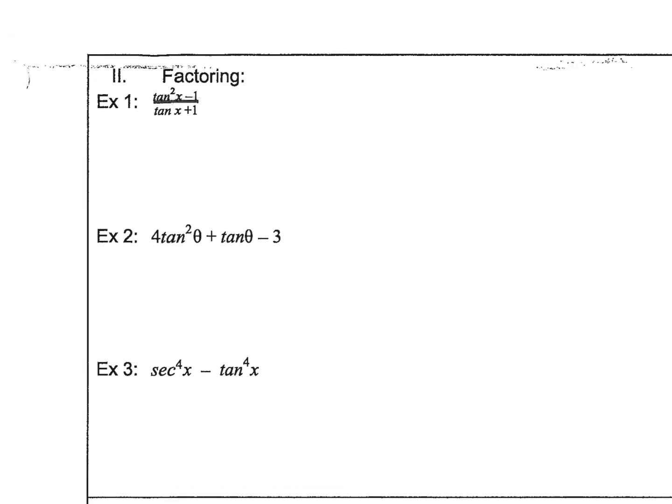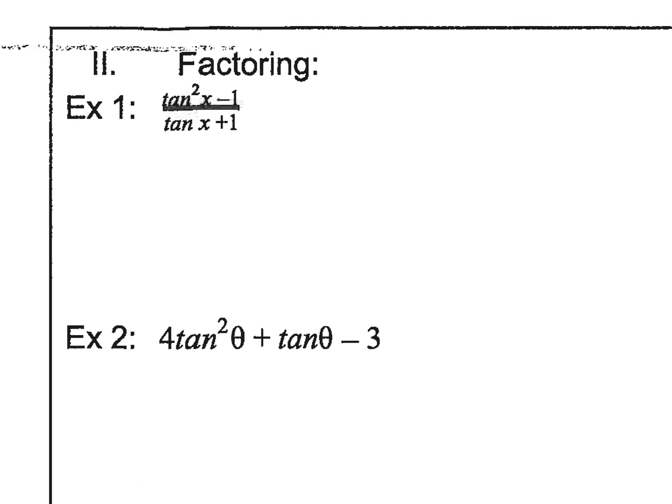Factoring. What do I mean by factoring? Tangent squared x minus 1 is the difference of two squares, isn't it? What do we remember about a squared minus b squared? It is a plus b, a minus b.